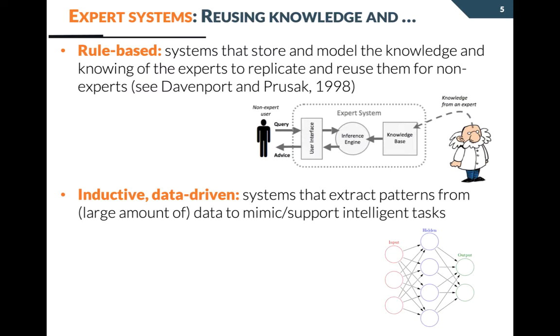If that can be modeled through rule-based algorithms, and those algorithms would be implemented in a digital system, then this system can be given to non-experts, and non-experts can be guided by these systems as if the expert is sitting next to them and guiding them.